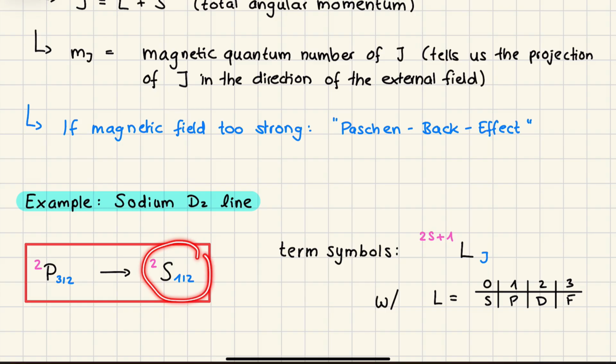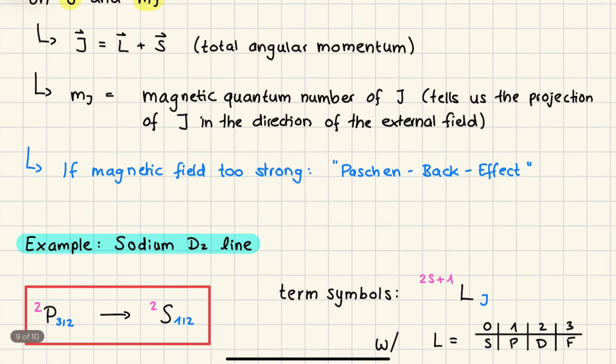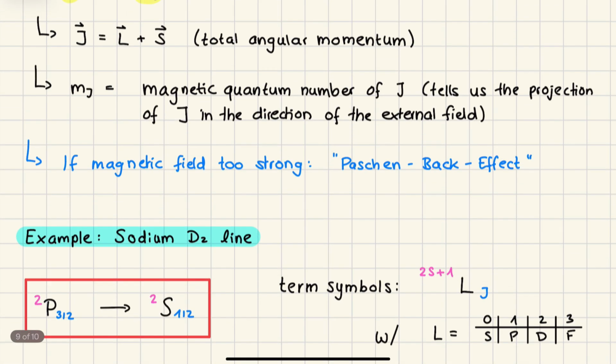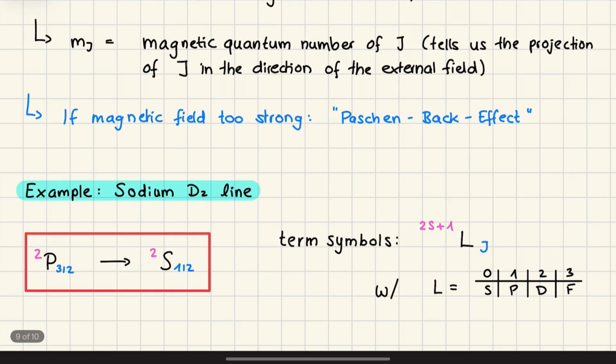These term symbols have to be interpreted in such a way that the blue number at the bottom is J, the large letter represents L, so the angular momentum, and L follows this letter coding right here. If you see S, that means angular momentum quantum number is 0. If you see D, that means angular momentum quantum number is 2, and so on. The small superscript number up here is 2S plus 1. So 2 times the spin plus 1.